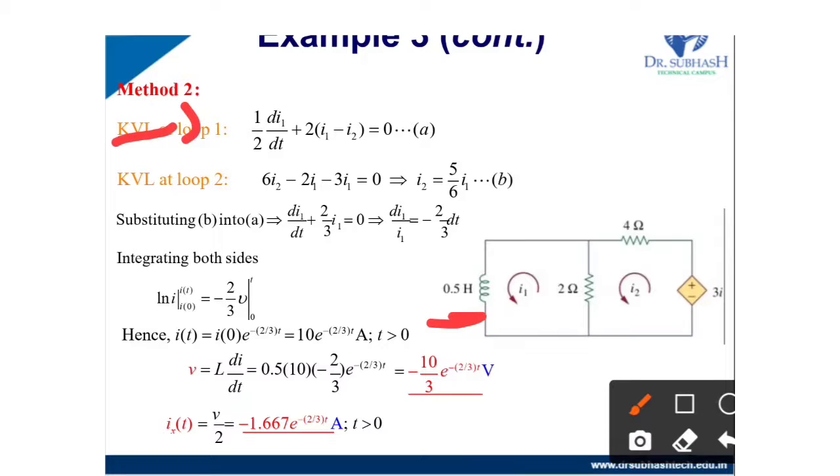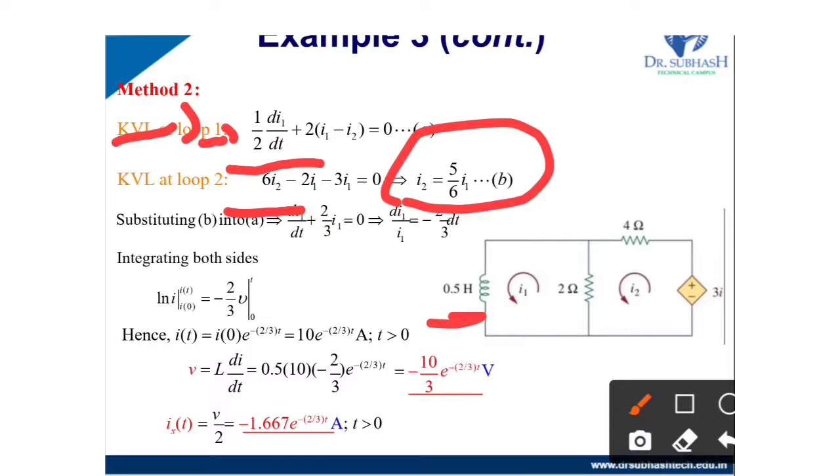So with L equal to 0.5, it is 0.5 di1 by dt, plus 2(I1 minus I2) equal to 0. So KVL at loop 2: 6 I2 minus 2 I1 minus 3 I1 equals 0. So I2 becomes 5 by 6 I1. So this I2 expression we will put in the first equation.